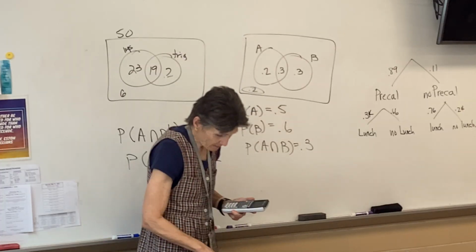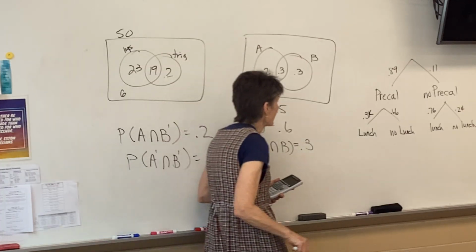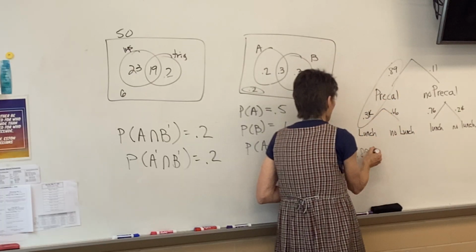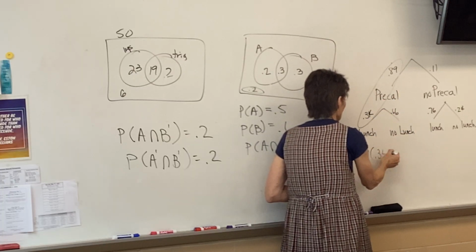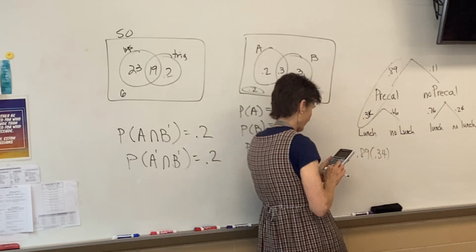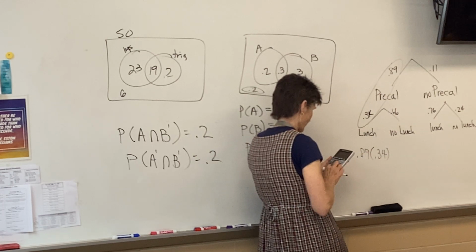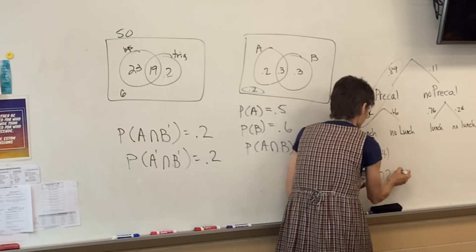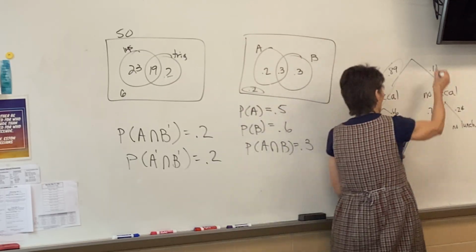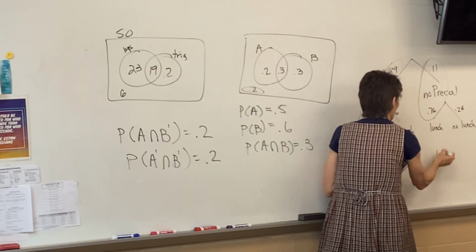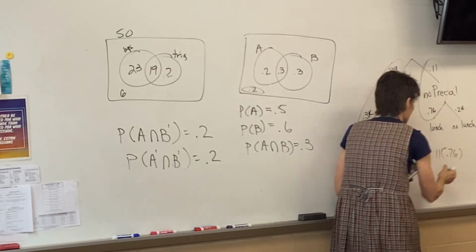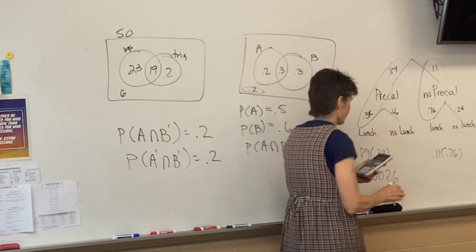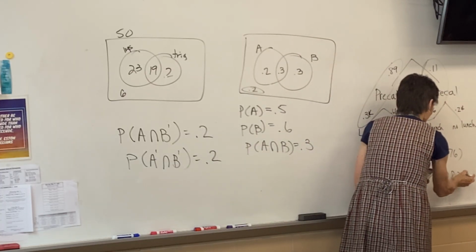All right, now what am I trying to do? Find the probability I buy lunch. So 0.89 times 0.34, .3026, or 0.11 times 0.76, .0836.